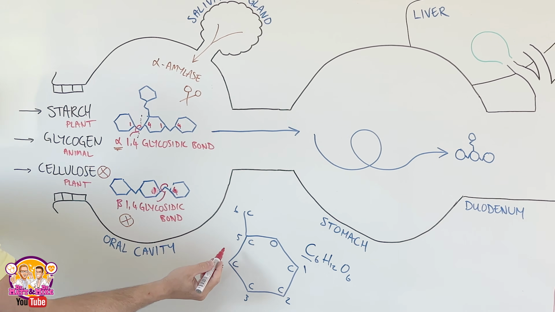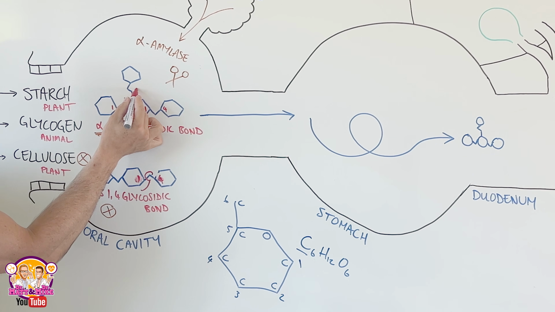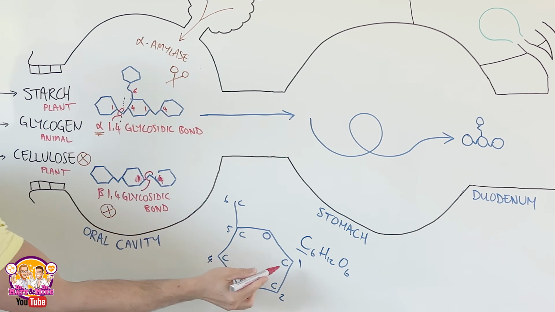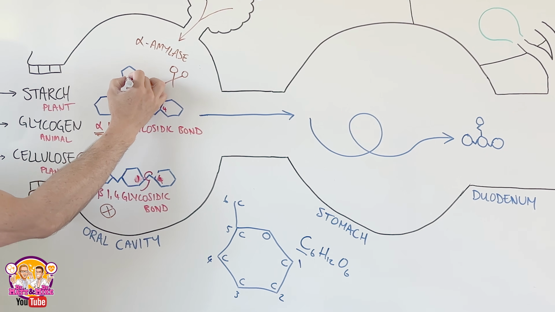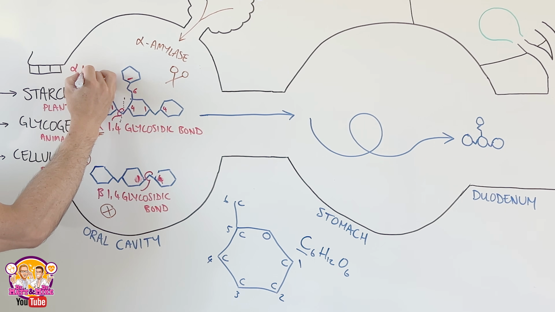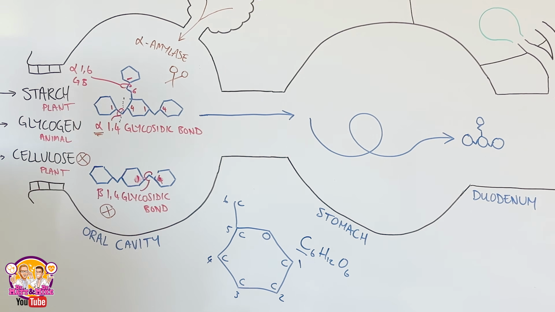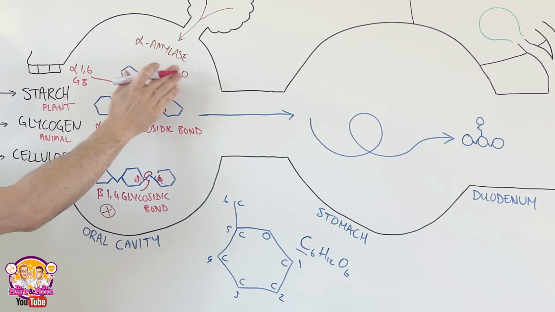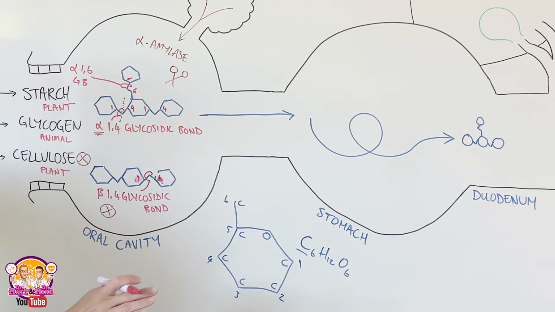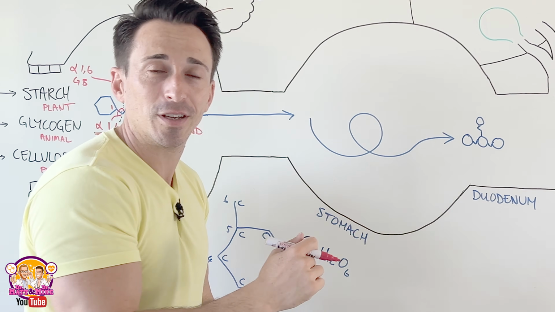This bond, as you can see, that's a 6 carbon, so this is going to be 6, and that's number 1 because it's on its side. So this is what we call an alpha 1 to 6 glycosidic bond. Alpha amylase cannot break down alpha 1 to 6 glycosidic bonds, so it remains attached to this polymer.